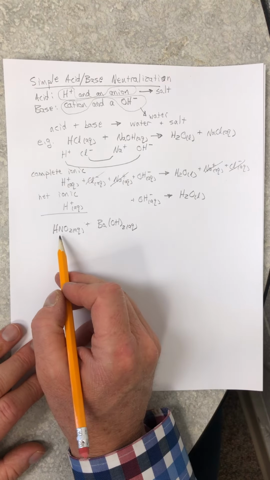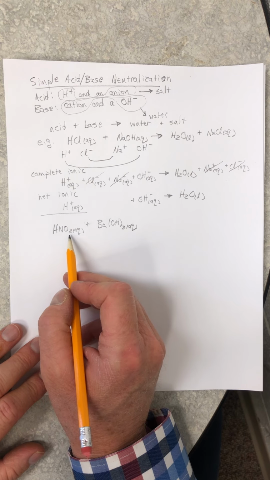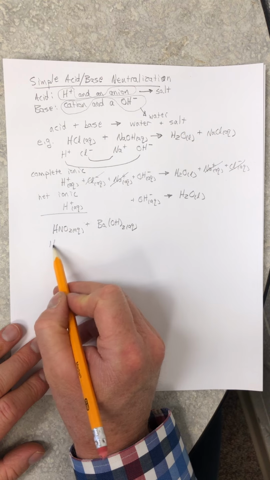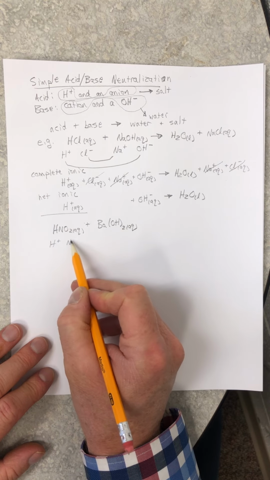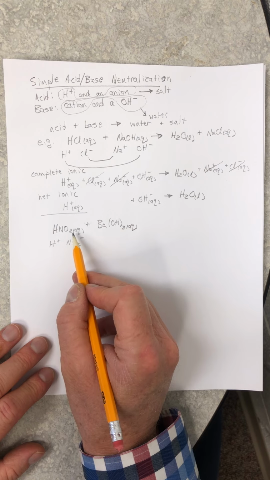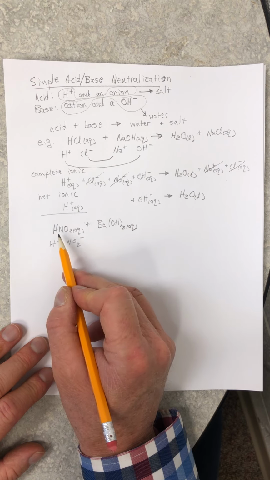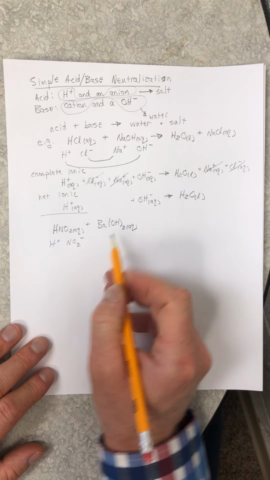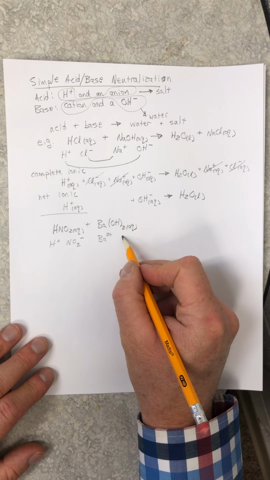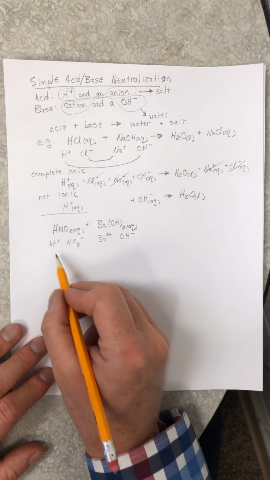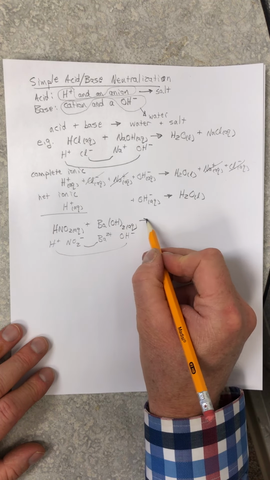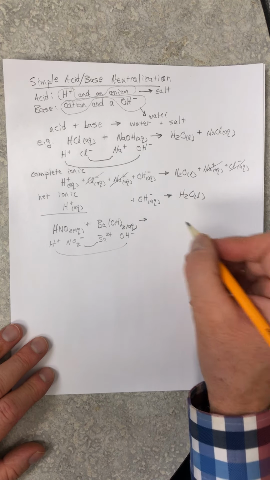So hidden in here are H plus and NO2 minus. Those really are our ions. I'll write them down, but be careful because this is weak, so it would be a dim light. So for the most part, the molecule stays together. But this is just notes to myself so I can see what I've got in there. And then I've got barium and I've got hydroxide. So I'm going to make water. I'm going to make barium nitrite. Those will be my products.